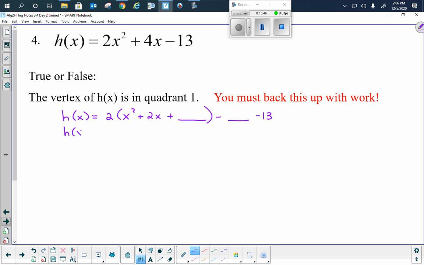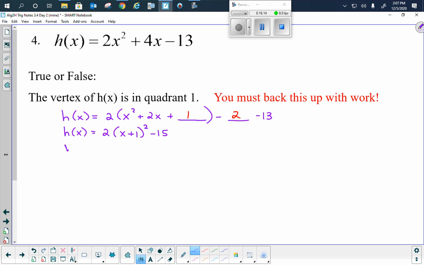Completing the square, the middle coefficient, the 2 cut in half is 1, squared is 1. But think about what you really added to keep this balanced. You really added 2 times that 1 in the parentheses. So if you added 2, you've got to subtract 2. Now this is 2 times the quantity x plus 1 squared minus 15.